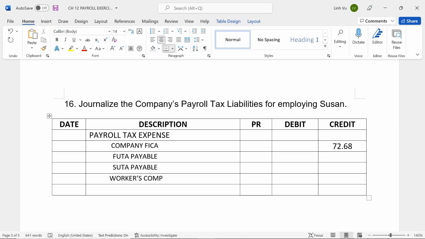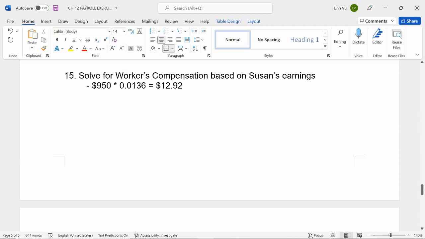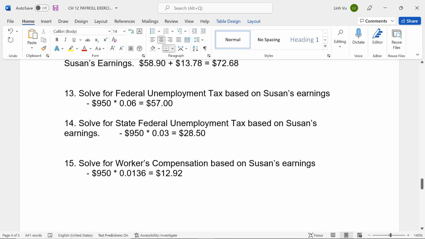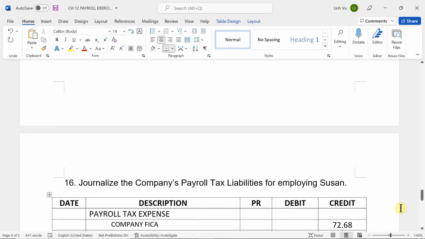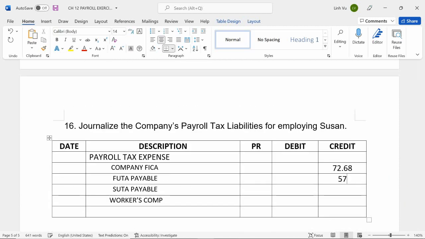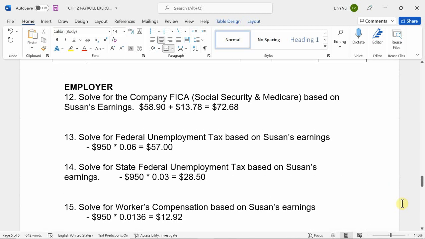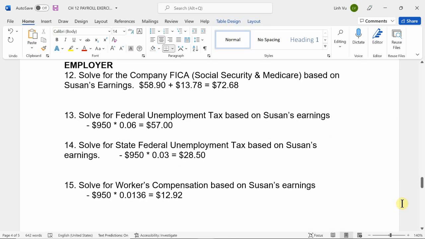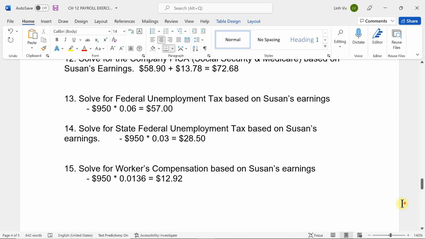How much federal unemployment? 57. How much state unemployment? 28.50.